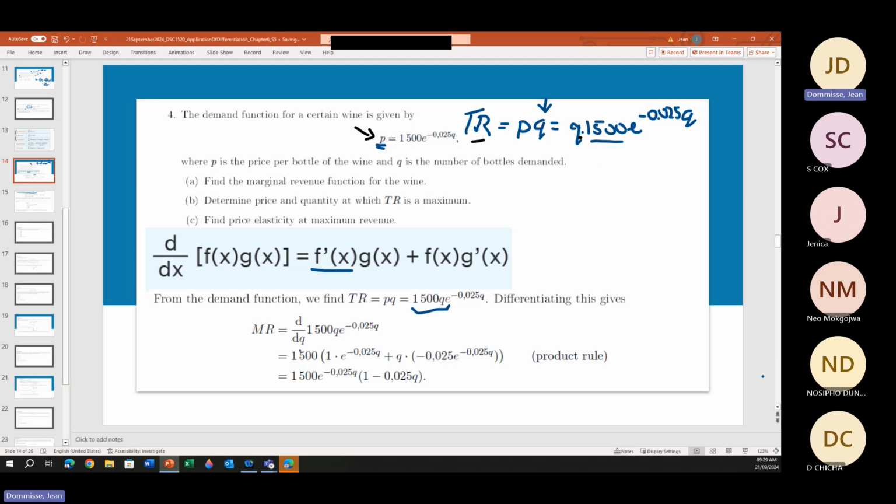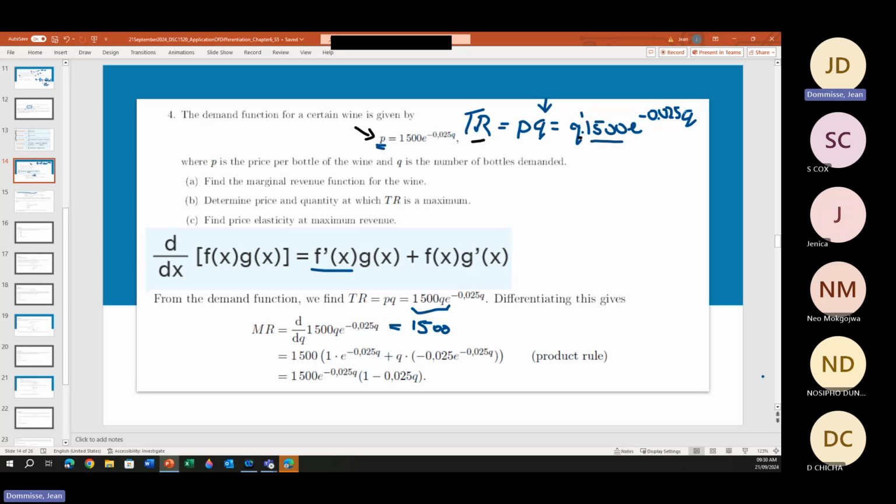Okay, they've already combined it there, so let's first do it on its own. So if we say Q, there's Q to the power 1, the one will go in front, Q to the power 1 minus 1. So that's why in the first one there's actually not a Q left.